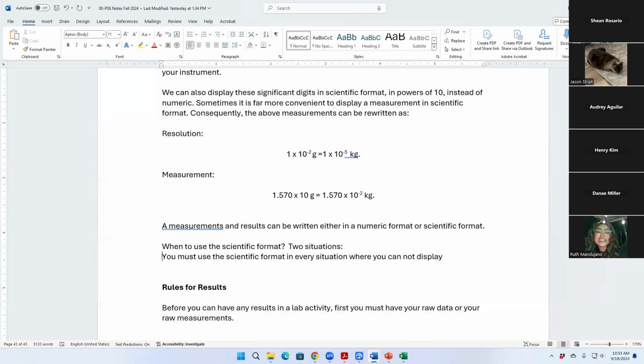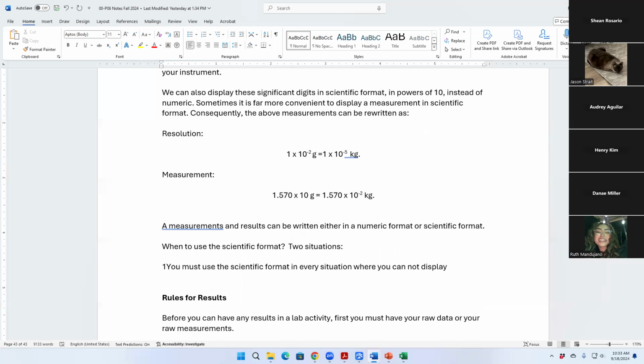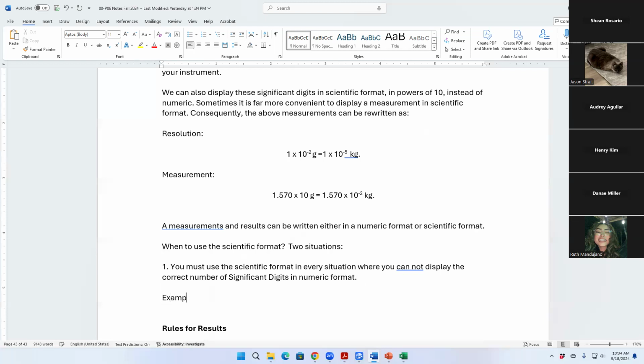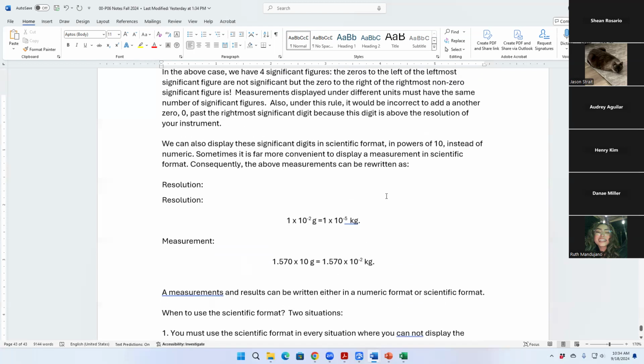One, you must use the scientific format in every situation where you cannot display the correct number of significant digits in numeric format. Okay? I'm going to give you an example. Let's see if it's a fortunate example or not.